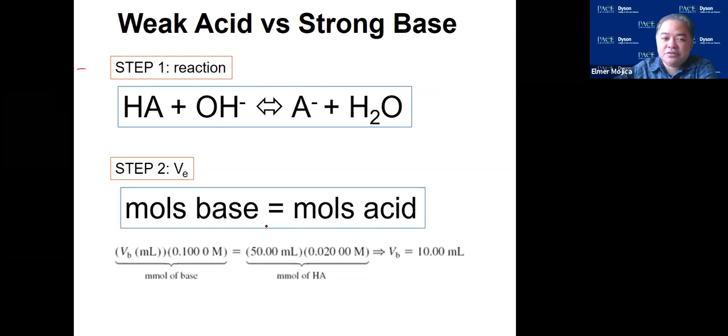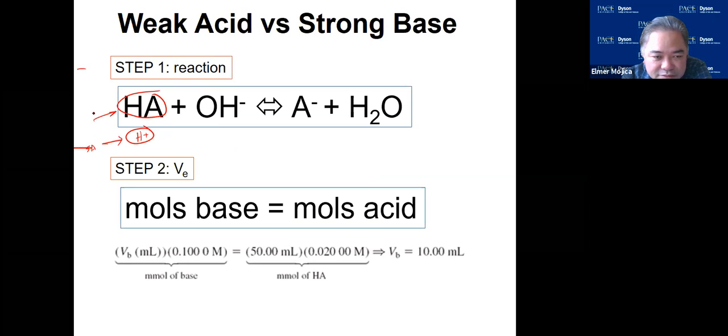If you're going to look at the reaction, we don't have an H plus here. What we have is an HA, because this is a weak acid, not a strong acid. So the weak acid reacts with the hydroxide to produce an A minus and water.